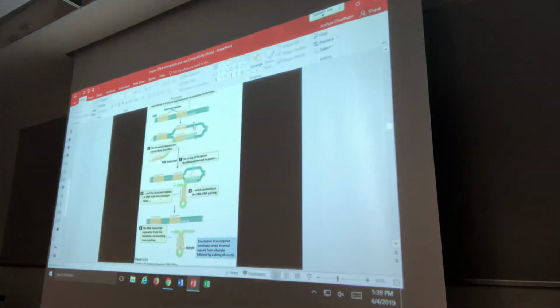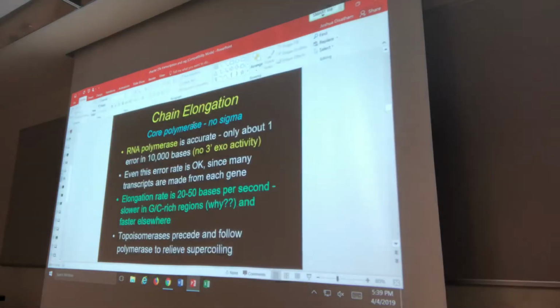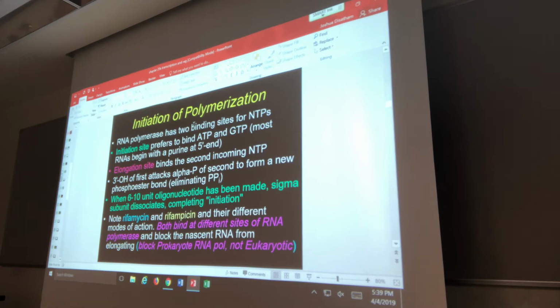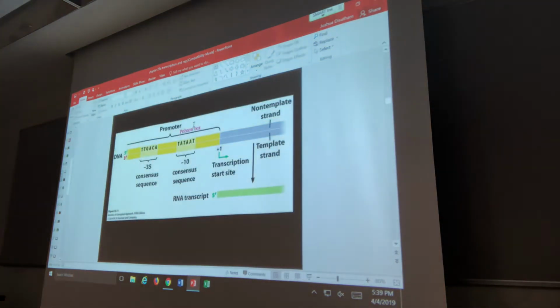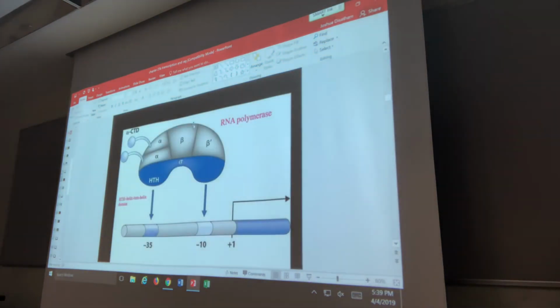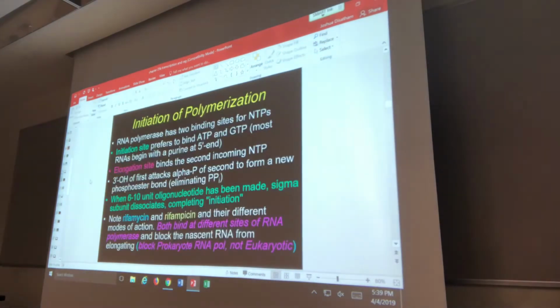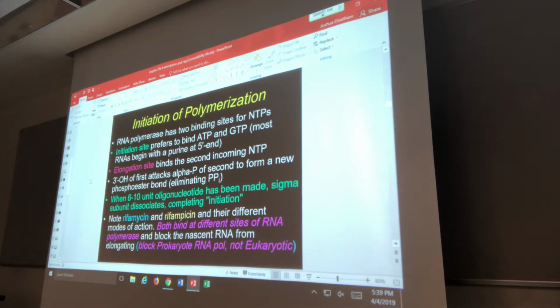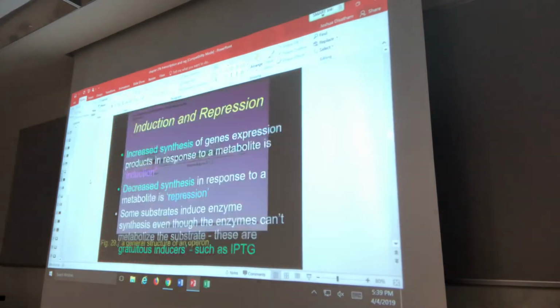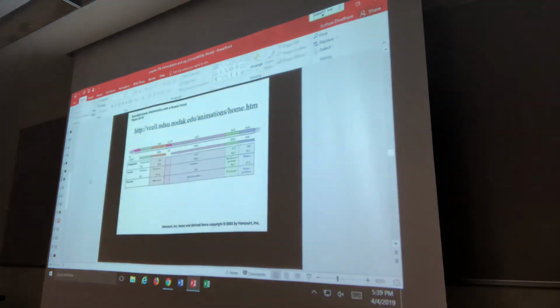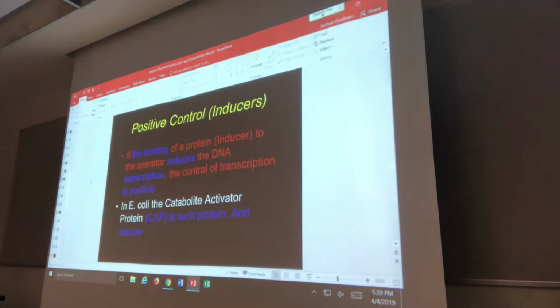It is more important in eukaryotes, so let me check, just to make sure he doesn't mention it in the prokaryote stuff. Yeah, that is more with eukaryotes. That is more about regulating eukaryotic transcription, which we'll get to.